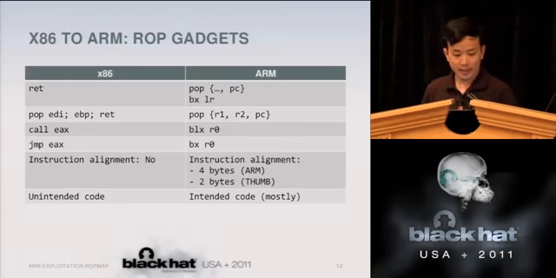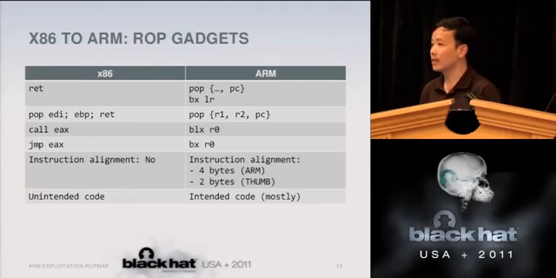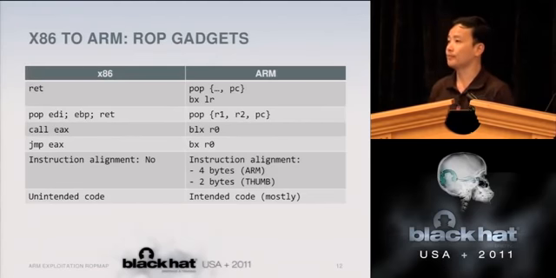For example, in x86, a very common ROP gadget is pop, pop, ret. In ARM, it's just one gadget: pop R1, R2, and PC. So it may be different. And for indirect gadgets like return in ECX or jump EAX, we have in ARM BLX with a register, or BX with a register.